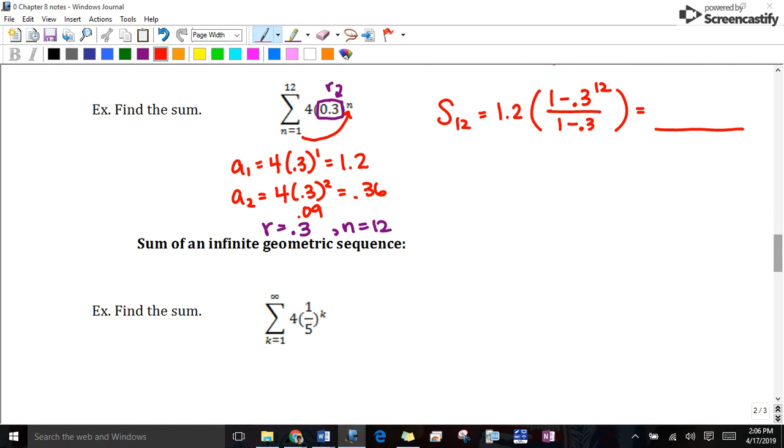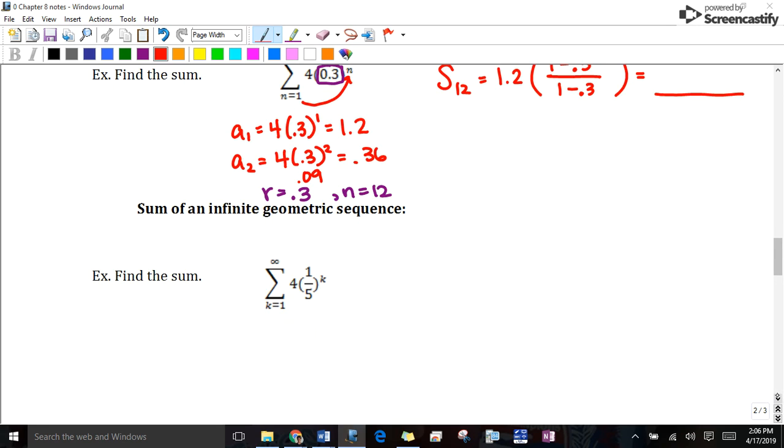Now, geometric sequences are interesting too because you can actually find the sum of an infinite sequence. Not every infinite sequence has a sum, but there are some that do. So that's kind of an interesting change and something to think about. So in these, I'm going to say S for sum. There's no subscript because it's an infinite sequence, so no set number of terms. All we need for that is our first term, which we will then divide by 1 minus r.